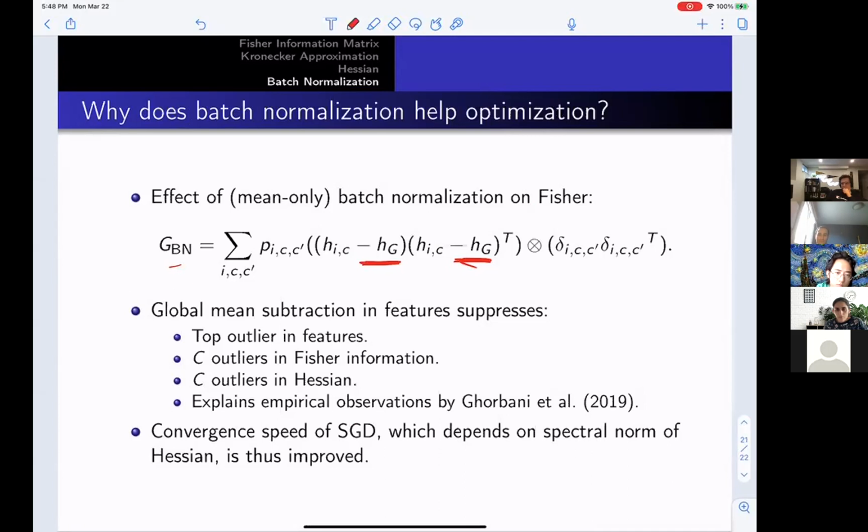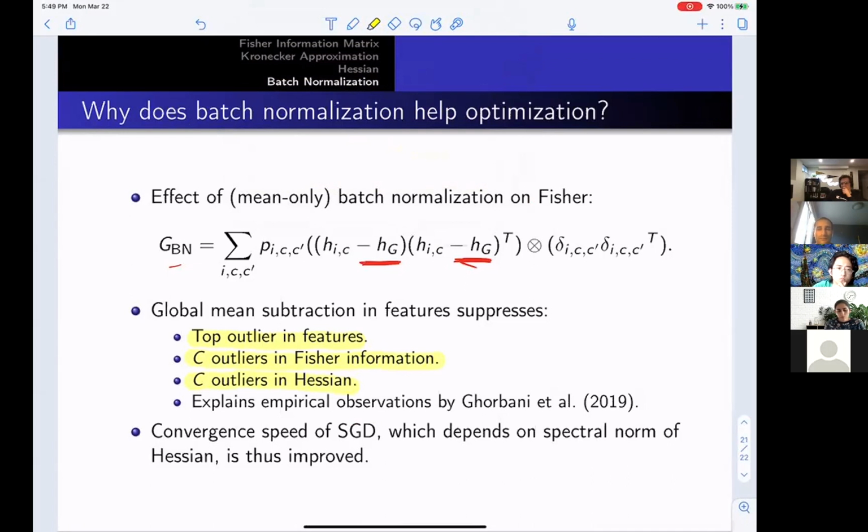So this is written here. If you have a top outlier in the features due to the global mean, then that is creating C outliers in the feature information matrix, and that's creating C outliers in the Hessian. And so batch normalization is just going to eliminate all of these, and therefore you're suppressing the outliers.